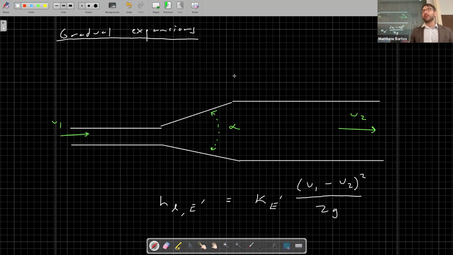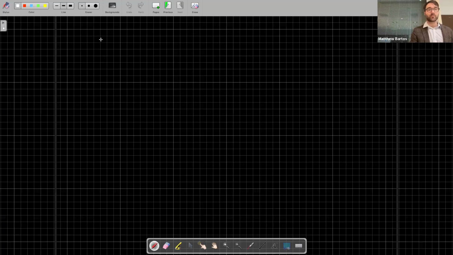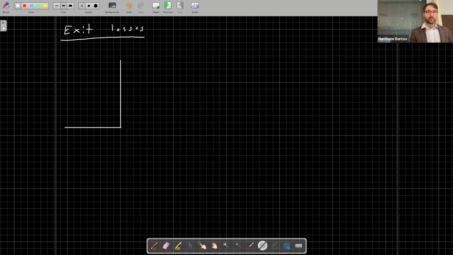Just like the entrance losses were kind of the extreme case for contractions, we also have the extreme case for expansions, where a pipe empties into a reservoir. We'll call those exit losses. Another pretty common case. So let's say we have a wall right here and a pipe. I'm going to move this down a little bit.